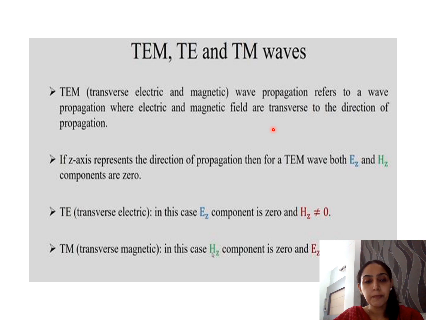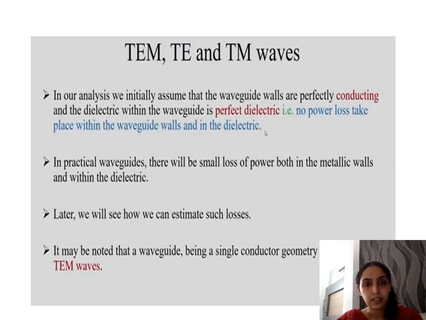For example, if we consider the z-axis to represent the direction of propagation, then both Ez and Hz components will be 0. In case of transverse electric, Ez will be 0 but Hz will not be 0. Hz will have a value. In case of transverse magnetic, Hz will be 0 but Ez will not be 0.